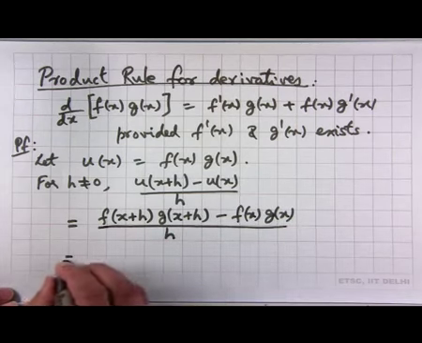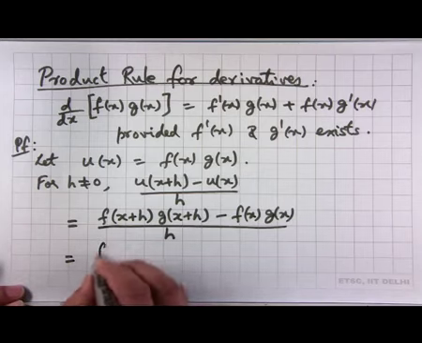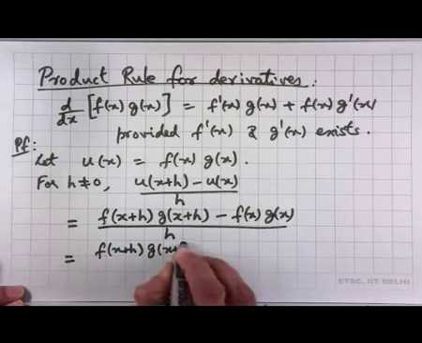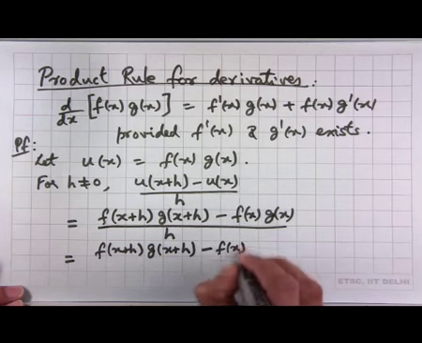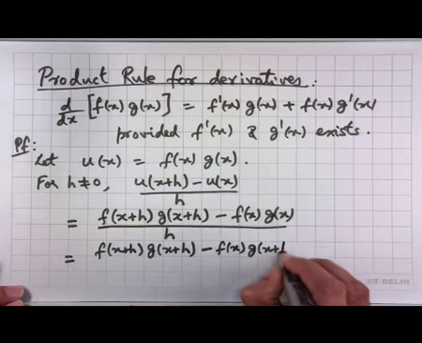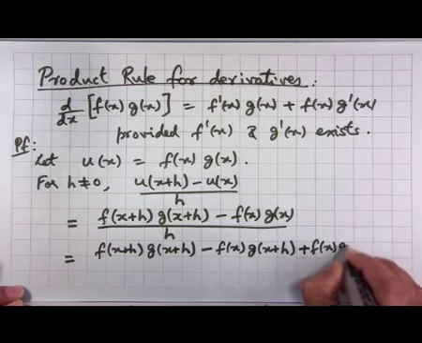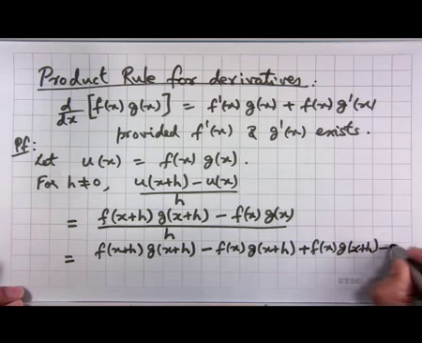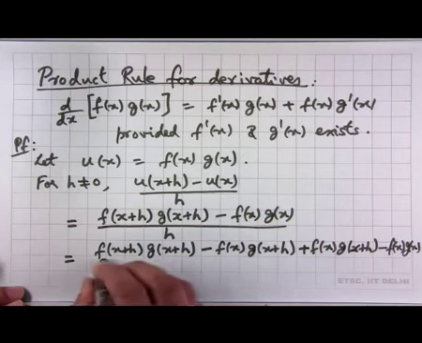Now, we do just a little algebraic manipulation here. So, we add and subtract, we write this as f of x plus h g of x plus h minus f of x times g of x plus h, and then we again add this same quantity f of x times g of x plus h, and then we have minus f x g x divided by h.